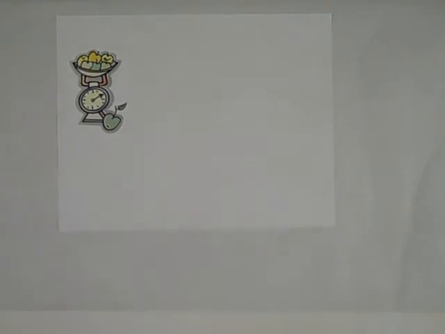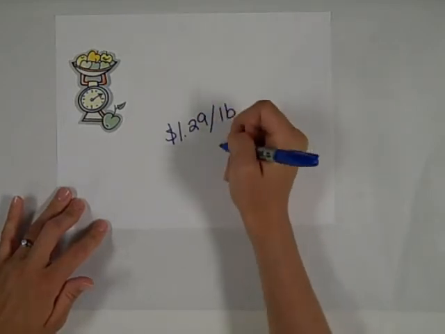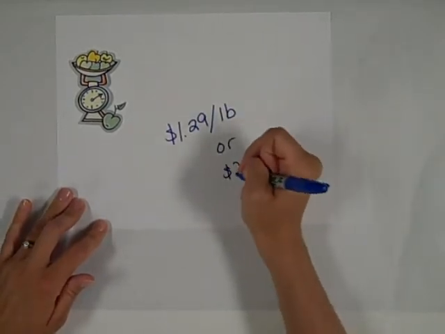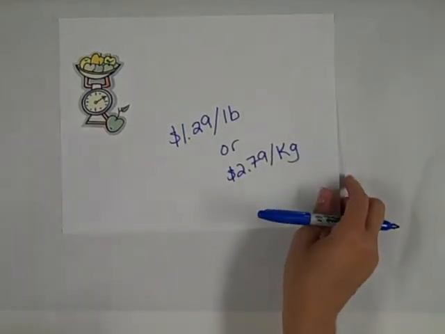Another way, assuming that 1 dozen apples equals 2 kilograms, which is about 4.4 pounds for the American viewers, you could buy apples by mass, which is why you often see scales hanging all around the produce aisle. You just need to know what the grocer is charging per pound or kilogram. For example, maybe $1.29 a pound, or $2.79 per kilogram, whatever the grocer is charging. Okay, so second way is by mass.